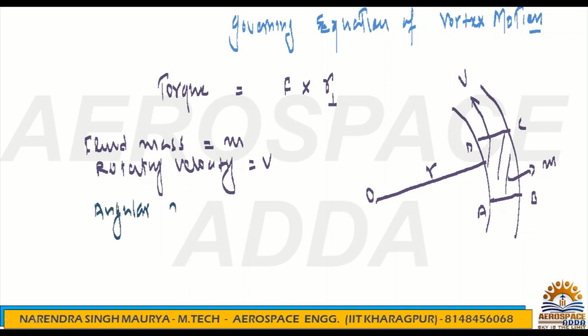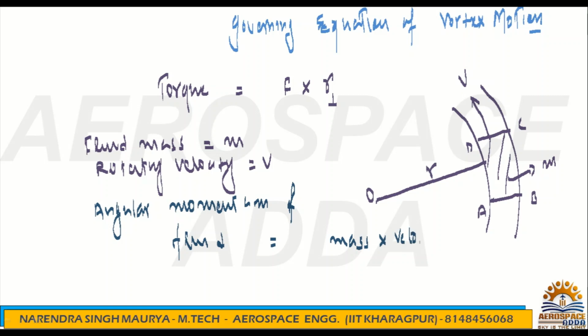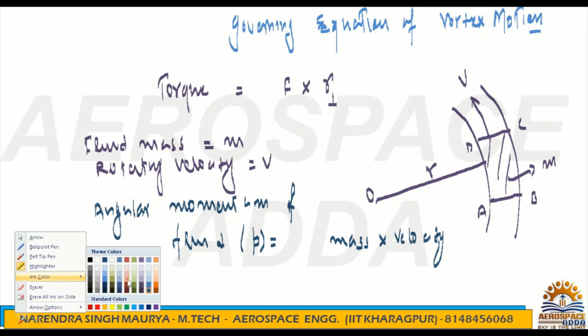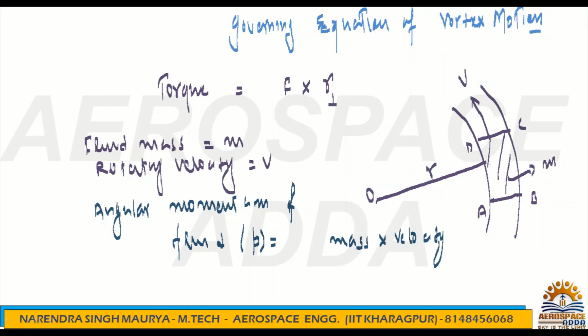If I say what is the angular momentum of the fluid here, it's nothing but mass into velocity. That angular momentum I am denoting by p. Now, if I ask what is the moment of momentum, moment means you need to take the perpendicular distance also.